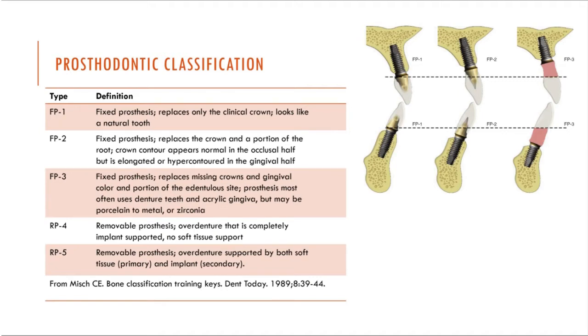The FP2 replaces the crown and also a portion of the root. Usually the crown contour appears normal in the occlusal half, but it is elongated and hypercontoured in the gingival half. And the FP3 replaces the missing crown and also the gingival color and a portion of the dentoalveolar complex.